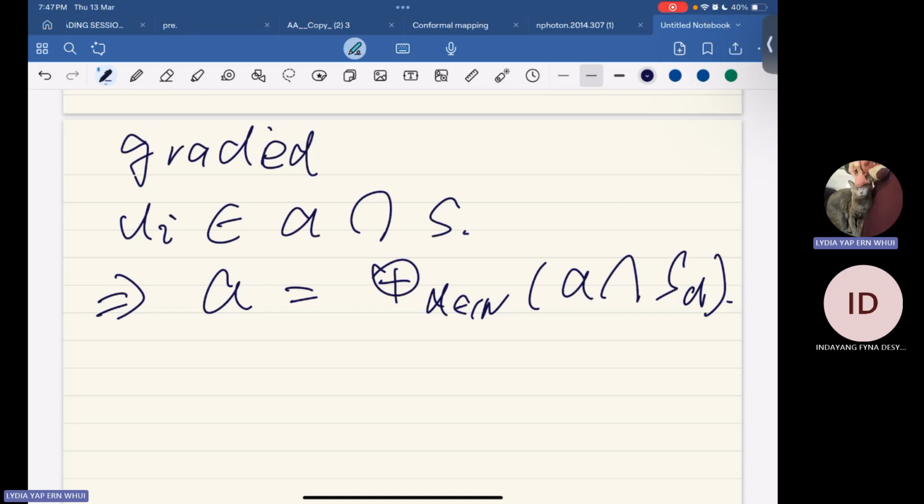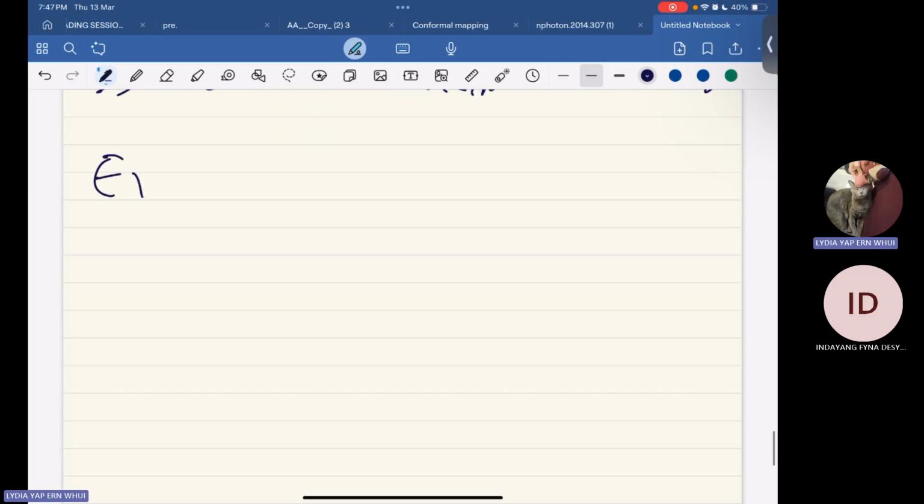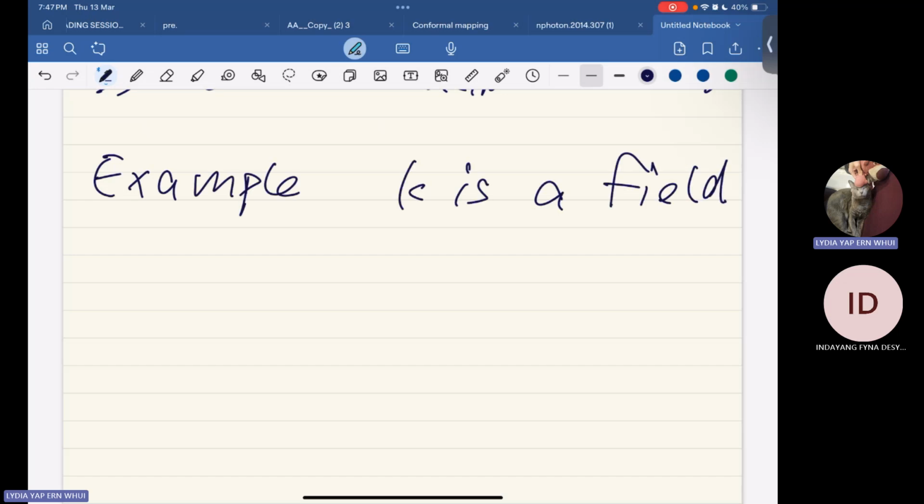I think we can go to an example of a graded ring. We consider K a field. Then K[X_0, ..., X_n] is a graded ring, and every piece of it, K[X_0, ..., X_n]_d, is just spanned by the monomials with total degree d.